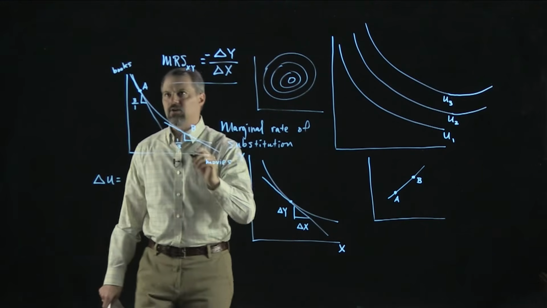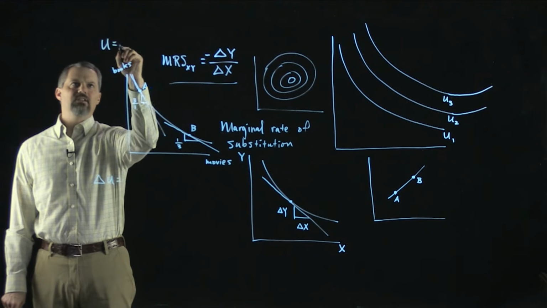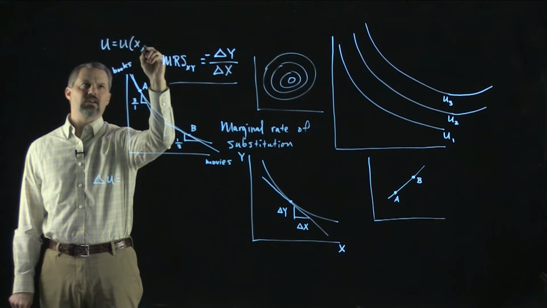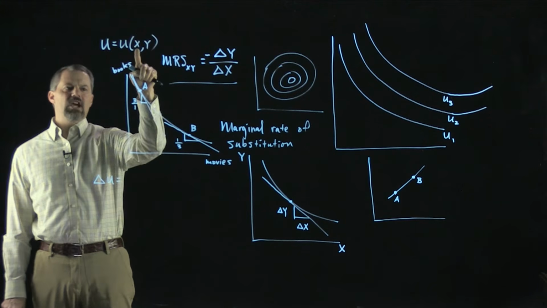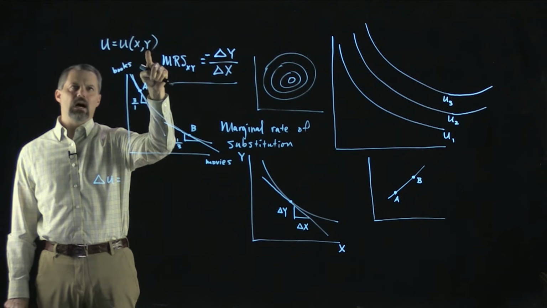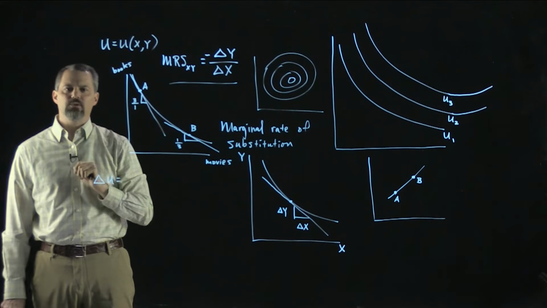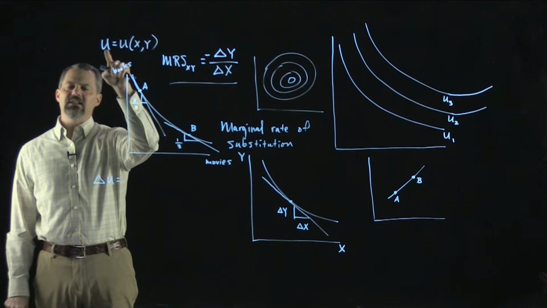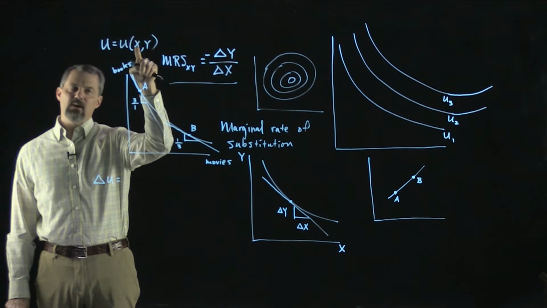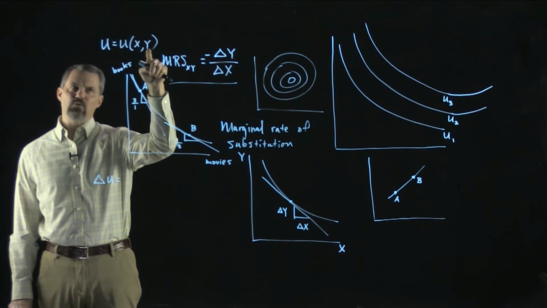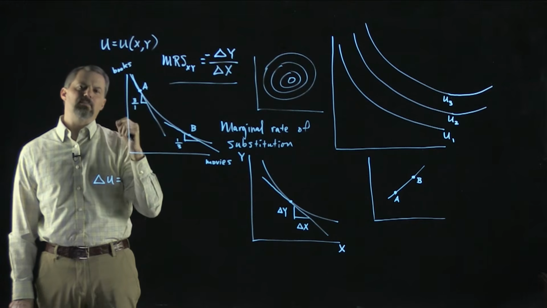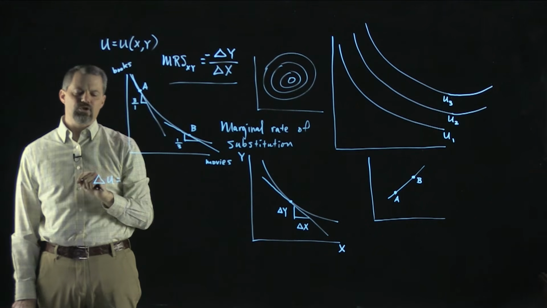If we thought about our utility function as being a function u of good x and good y, then changing either x or y will change utility. Or if we changed both of them, it would change utility. Now how much utility changes depends on how much we change x and how much we change y, and it depends on the particular functional form that we're using.